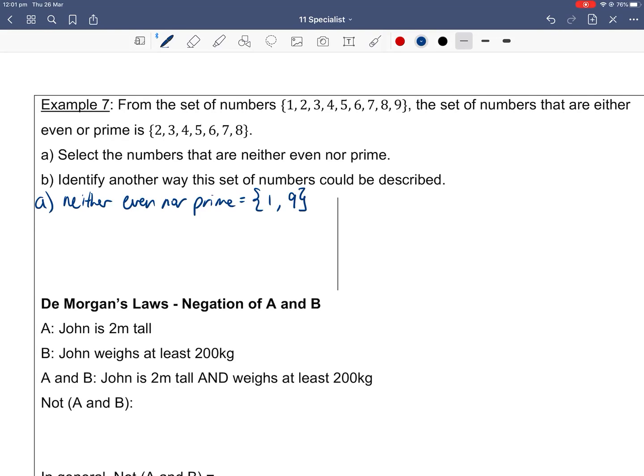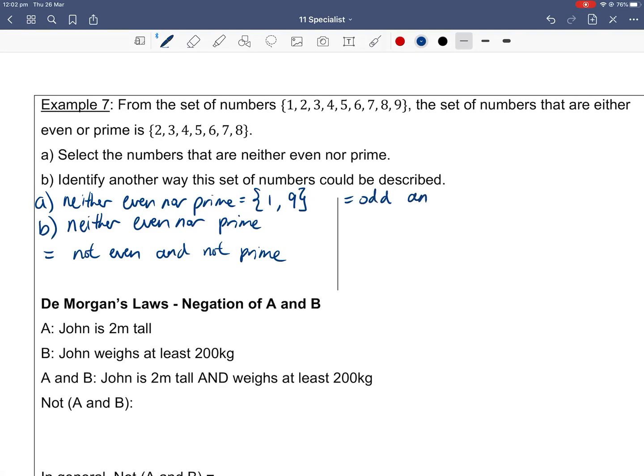Part B, find another way that this set of numbers could be described. So it's applying De Morgan's laws using words. We're starting off with neither even nor prime. That's the same as saying not even and not prime. And that's the same as saying odd and not prime, because not even is odd.